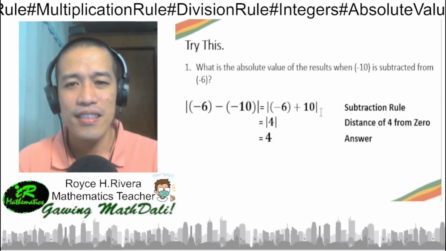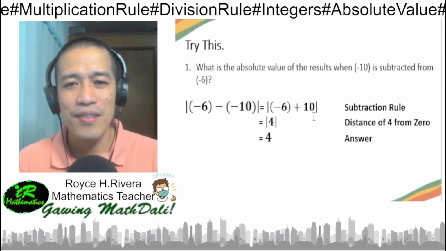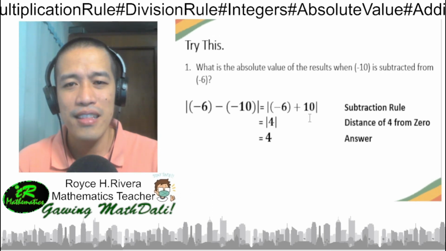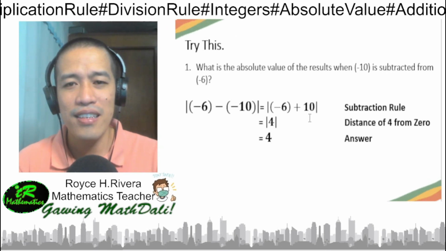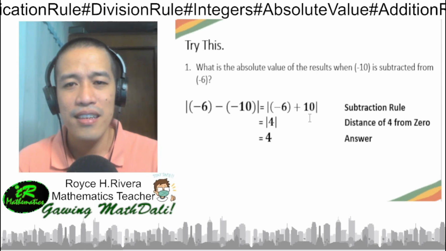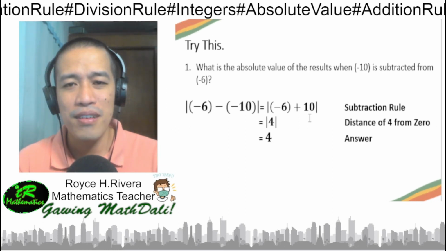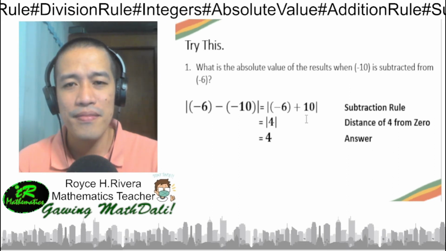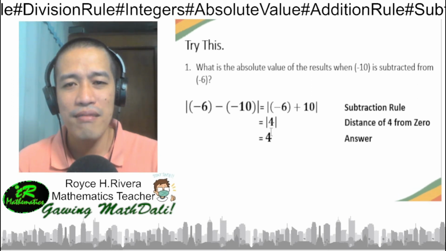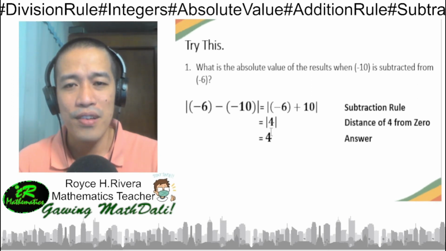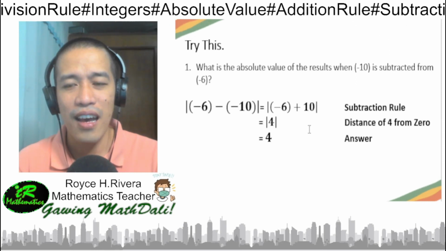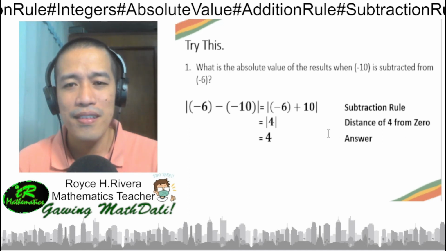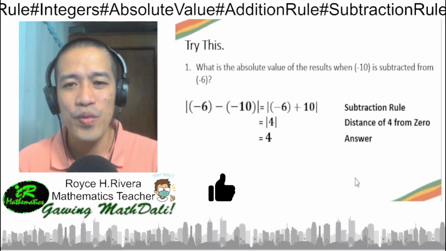Addition rule will be applied. Negative 6 plus 10. We are adding integers of unlike signs. We subtract the numbers and copy the sign of the larger valued number. We will have the absolute value of 4. And absolute value of 4 means the distance of 4 from 0. And that is equal to 4.